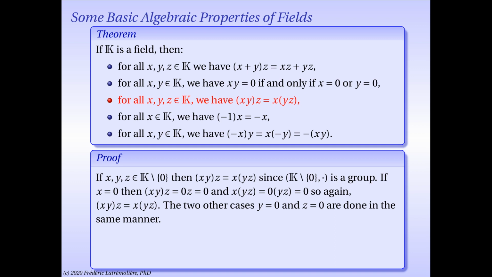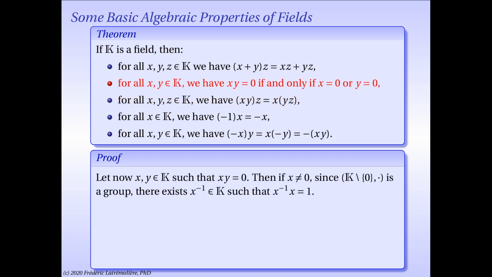On the other hand, x times (y times z), well, x is 0, so that's equal to 0 times (y times z). And again, by the proof we did just a moment ago, this is equal to 0. So you see that both quantities are equal and they're in fact equal to 0. The two other cases, that is when y is 0 or z is 0, are done in the same way. You can check for yourself. So indeed, the multiplication is actually associative on all of K.